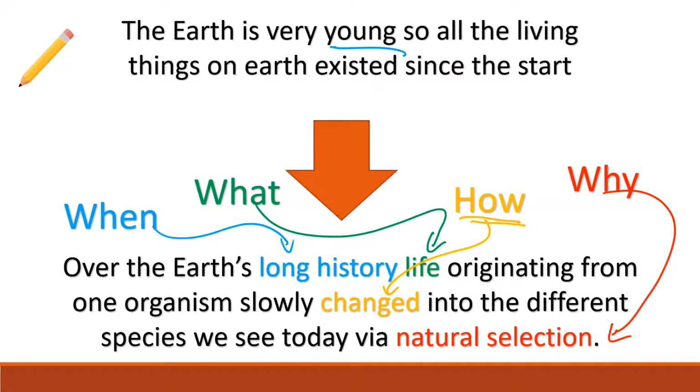What is the reason for this change? What is causing these things? Why would you change? Why aren't the animals just the same as they were? Why do some animals live and some animals die? So we're going to try and tackle these 4 questions over the next 4 slides.